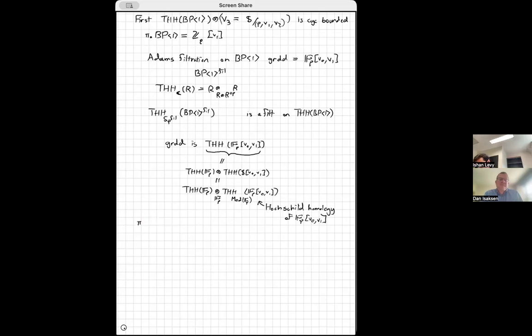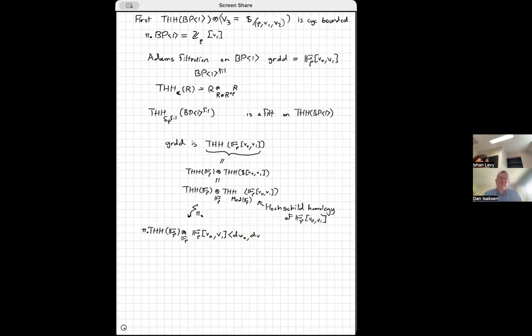And so what you learn is that if you take pi star of this, what you get is pi star of THH of FP tensored over FP with the Hochschild homology of this polynomial ring, which is just FP adjoin V0, V1, and then two exterior generators coming from the differential forms, the differentials of these V0 and V1.